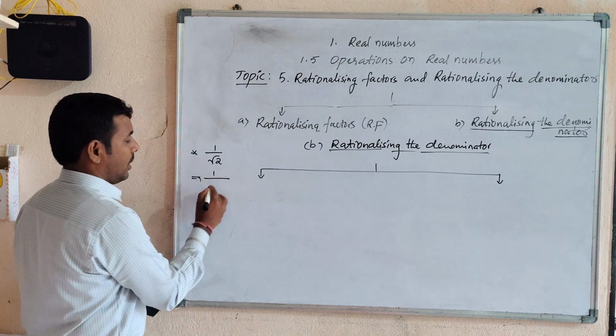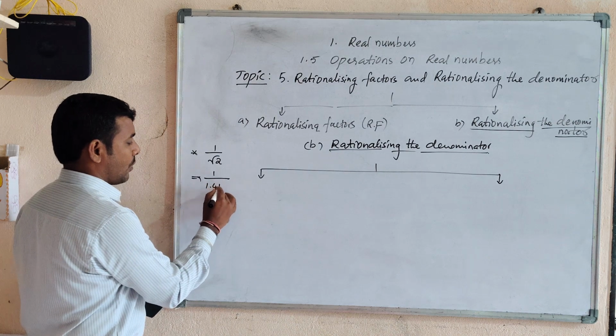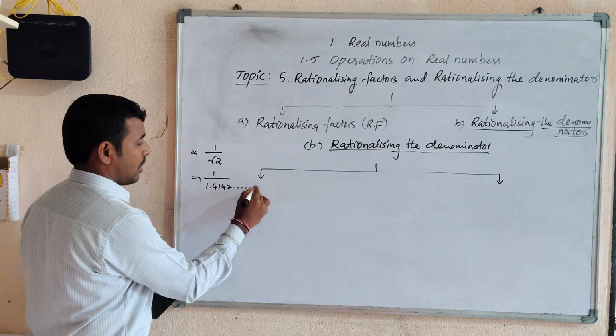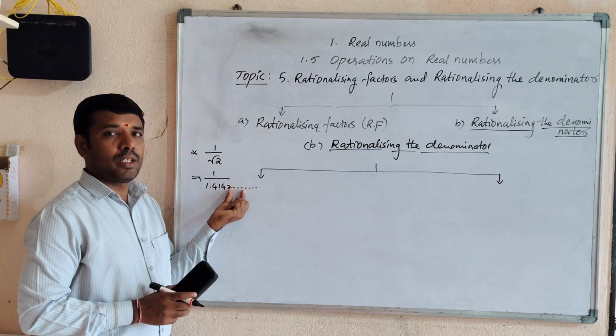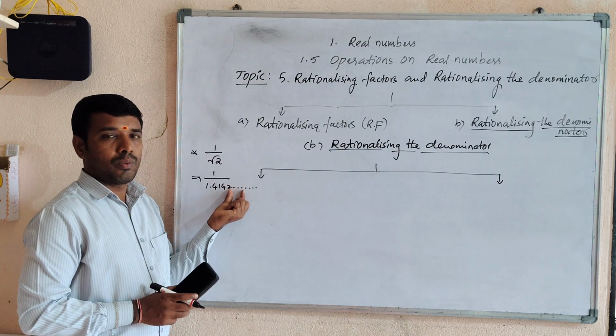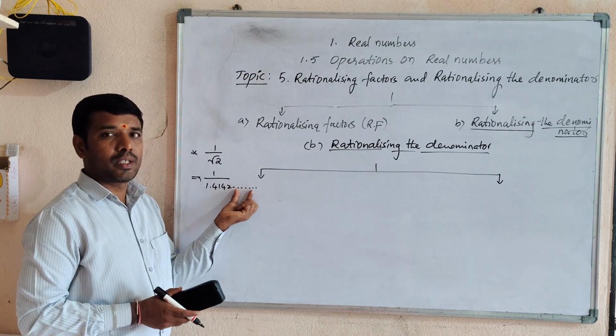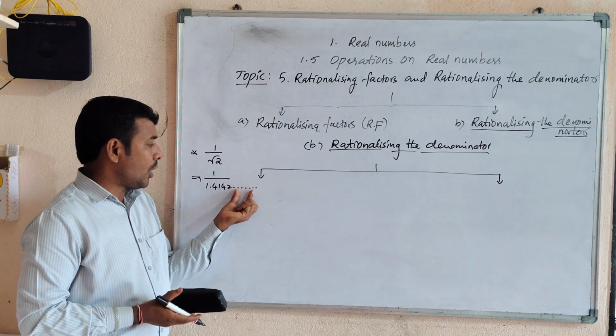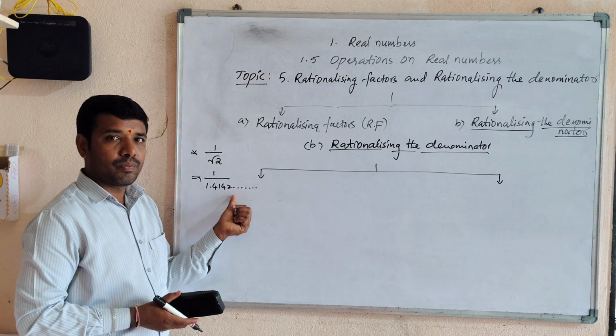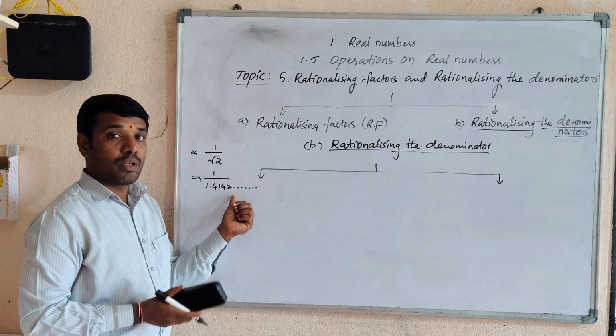Suppose 1 by square root of 2, whose value is 1.4142 and so on. We are unable to complete this number to write in the denominator. How can we divide 1 by this? Is it possible? Not possible.